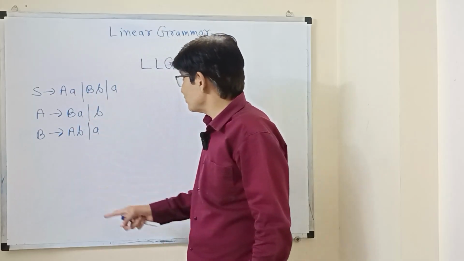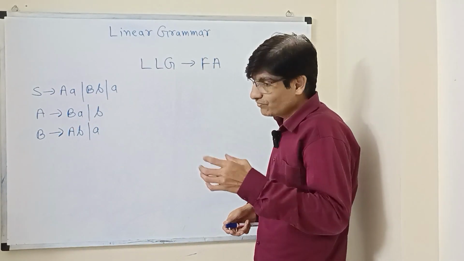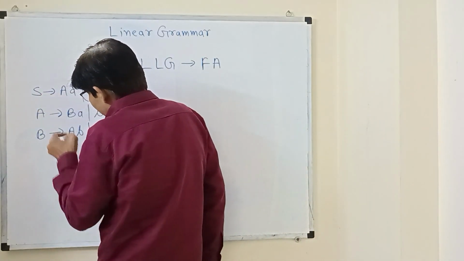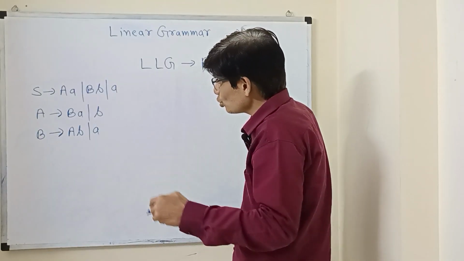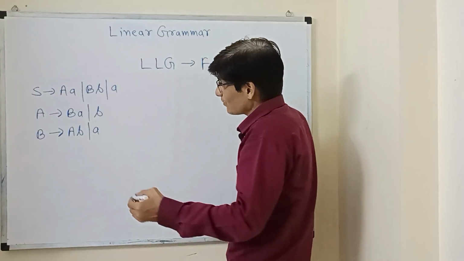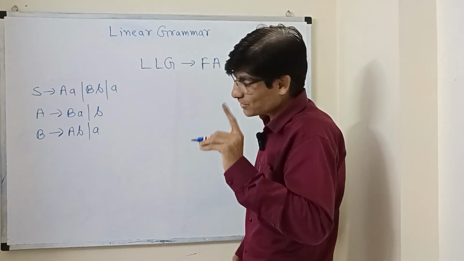To convert any left linear grammar to finite automata, we will use this method. First we will convert this grammar into right linear grammar just by reversing the right hand side of each production.